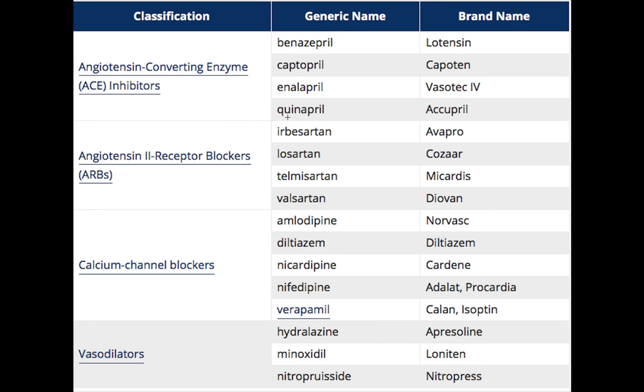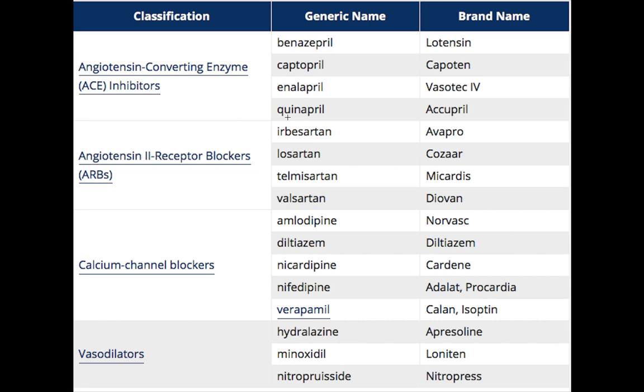They block the enzyme. When angiotensin 1 is blocked from converting to angiotensin 2, there are low levels of aldosterone, which means less water retention. But the main disadvantage is that this will increase potassium ions. It causes elevated potassium.